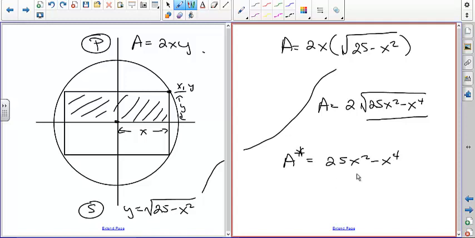So take the derivative of that with respect to x and find the values of x which make the derivative go to 0. And remember, x has to be positive. So what do you got? Have you taken the derivative yet? Okay.